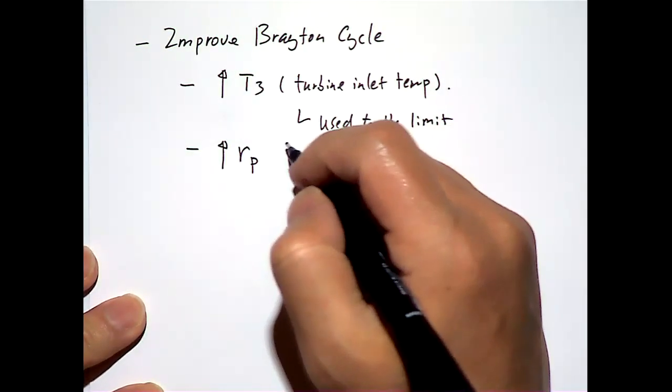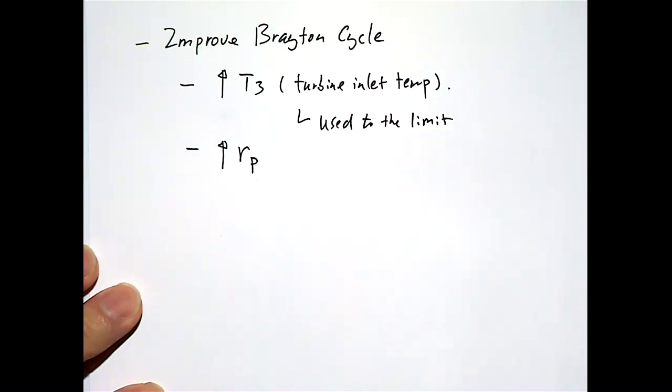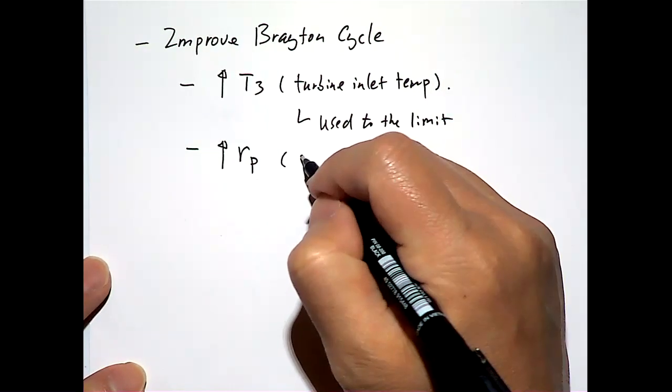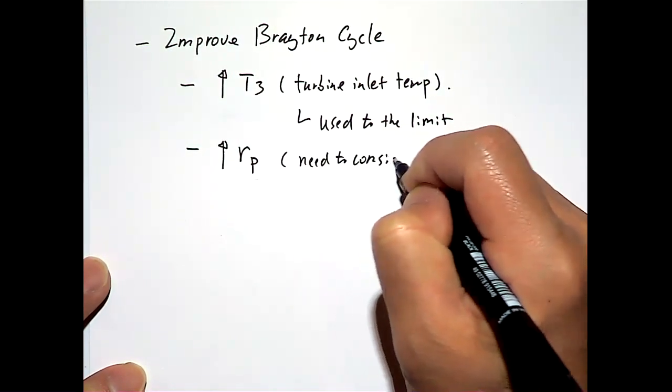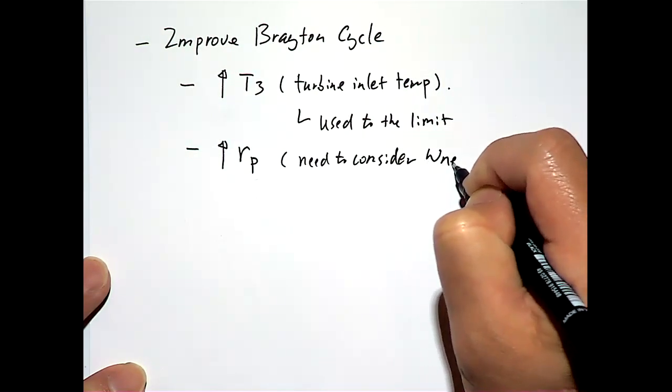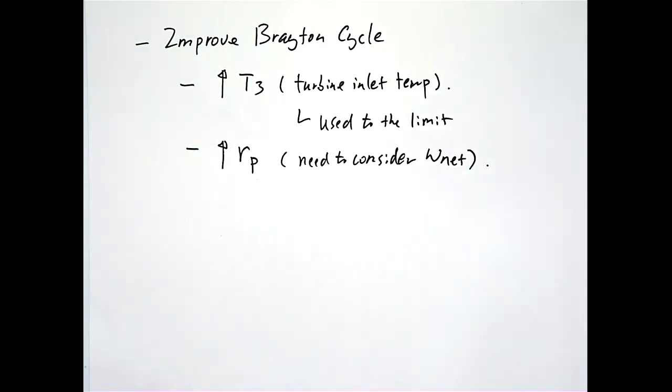All right, so efficiency always goes up with the pressure ratio, but we discussed that we want to pay attention to the net work output. You don't want to trade off the net work output too much for efficiency, because efficiency will have diminishing returns at some point, right? So that's what we'll need to consider, the work output.